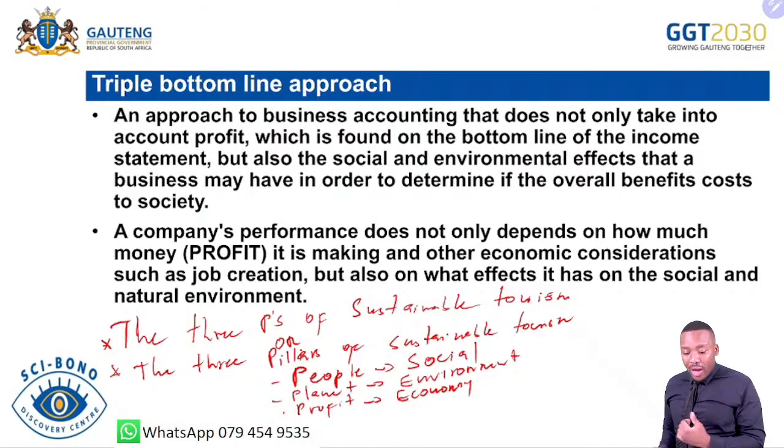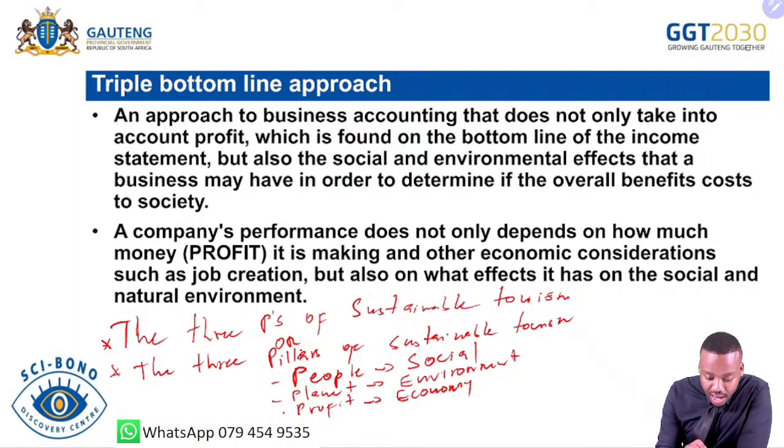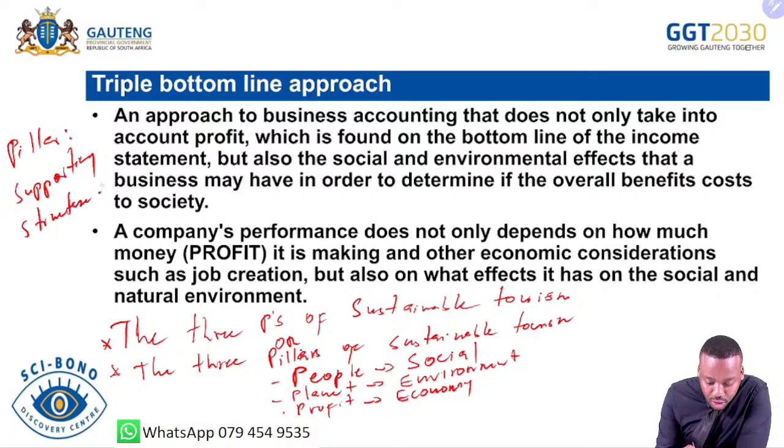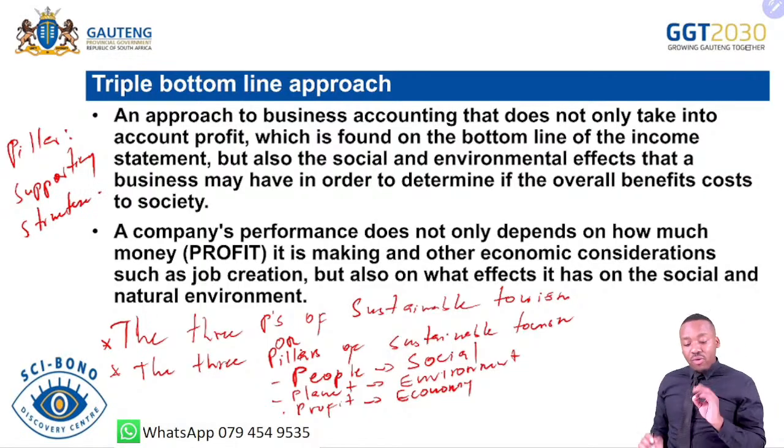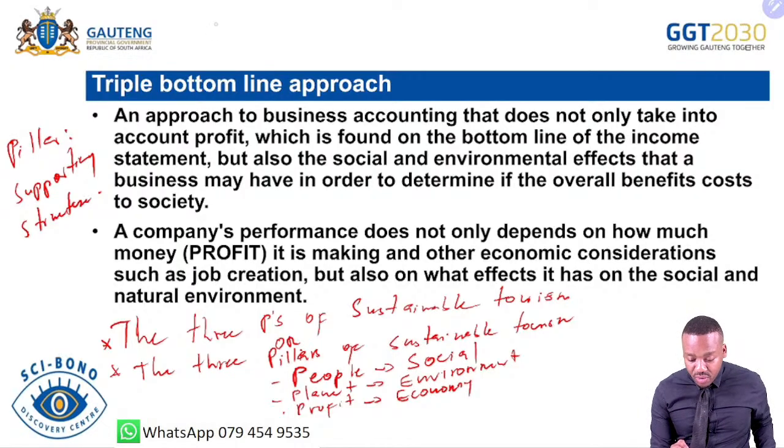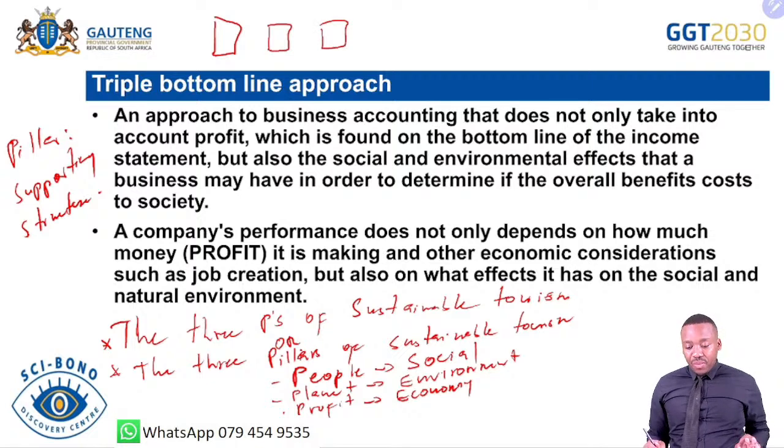Now let's move to a pillar. Remember what is a pillar? A pillar, it is a supporting structure, right? It is a supporting structure. So now we're saying we've got a triple bottom line. We are saying we've got how many pillars? 3. 1, 2, 3. And all these pillars, they need each other, right?